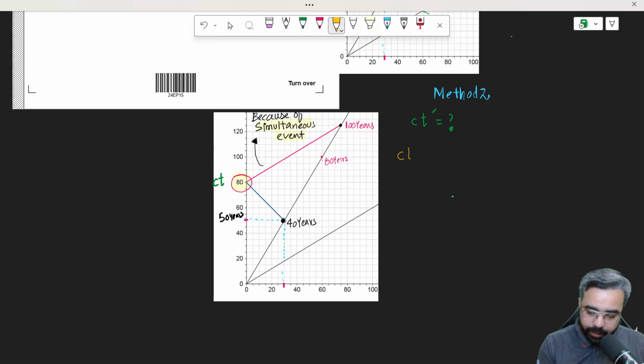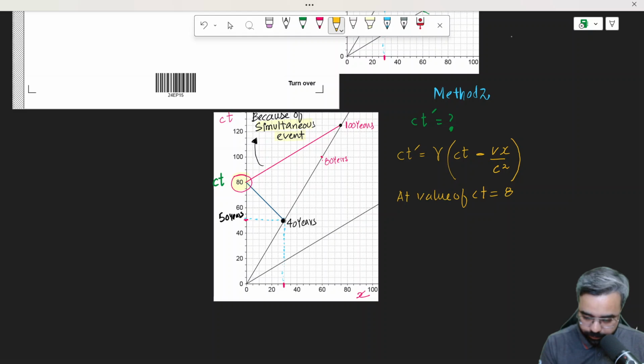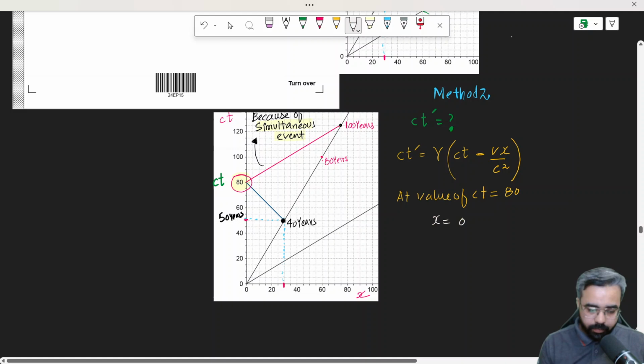So why not apply ct prime equals Lorentz factor into ct minus vx over c square? Now, I am going to take the point on the ct axis, and this is the x axis. At ct equals 80, the value of x is 0, because it is on the y axis of the Earth's frame of reference.